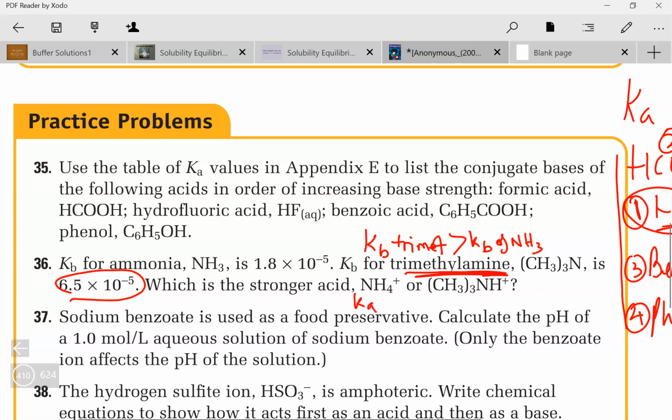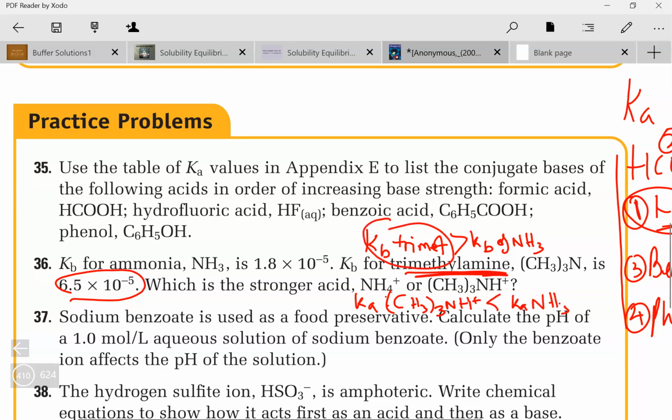So the Ka for trimethylammonium, I don't even know what that is. The Ka for this guy, CH3 thrice NH plus, will be lesser than the Ka for ammonia.